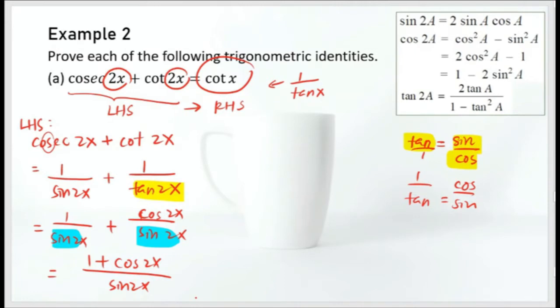So we focus on 1 plus cos 2x. After this, what do we need to do?